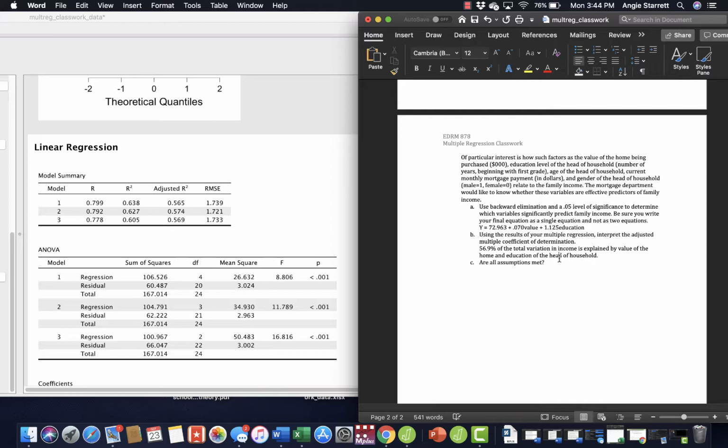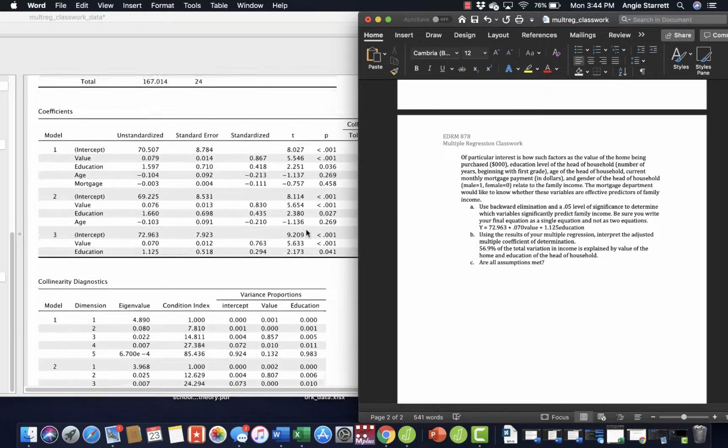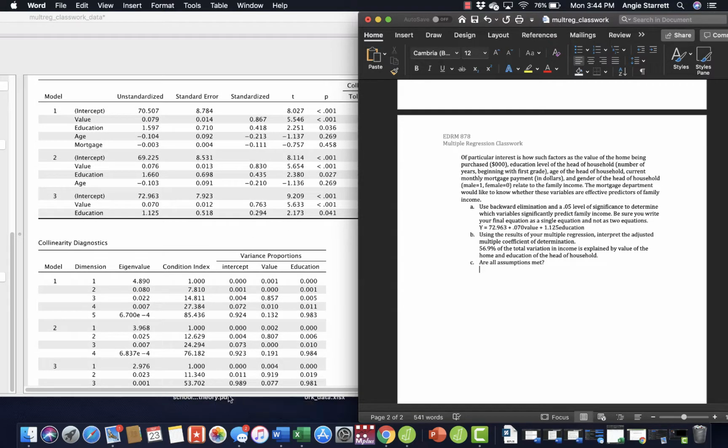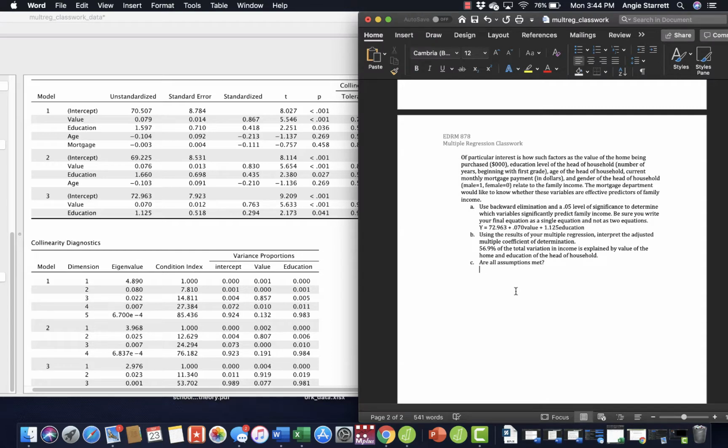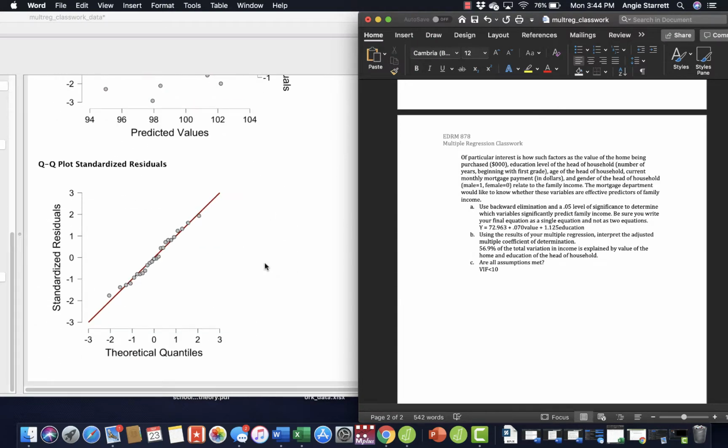All right, are all assumptions met? If we go down to value and education, we see that they both have a VIF of 1.021, so our VIF is less than 10. Scroll down to our QQ plot. That looks perfect, guys. That's about as good as we can ever see.